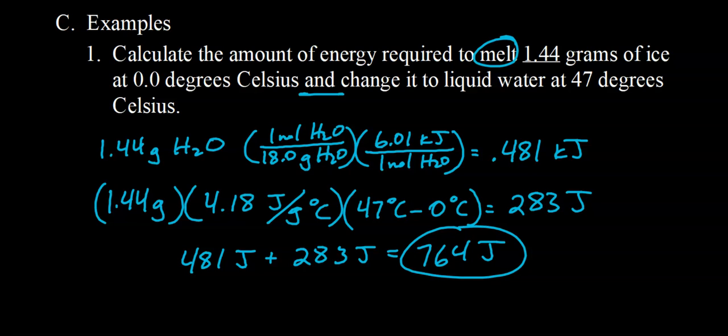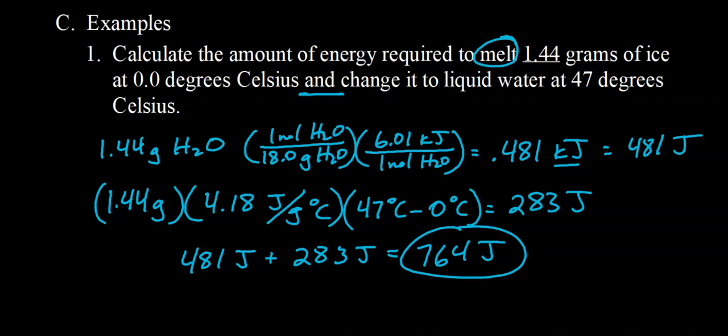So what is the total amount of energy? So we got to add these up first, though. Either convert the kilojoules to joules or the joules to kilojoules. I chose to convert this kilojoules to joules. And then I added them up. And so the process as a whole requires 764 joules of energy.